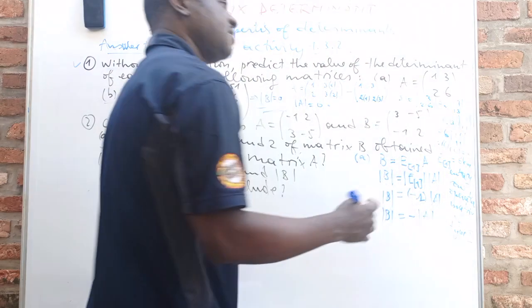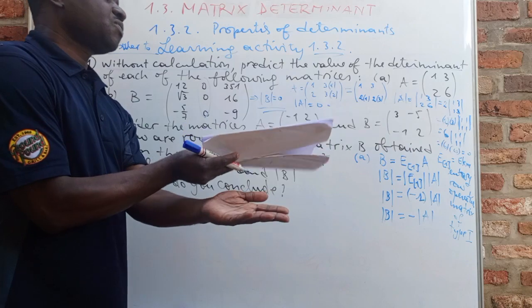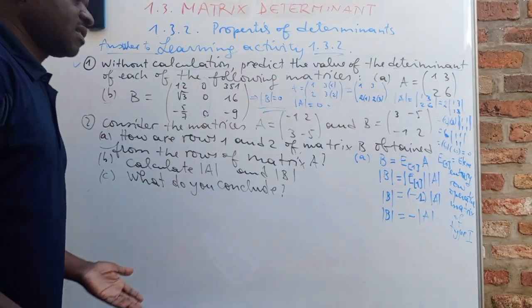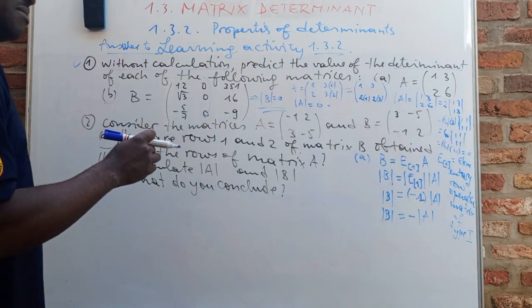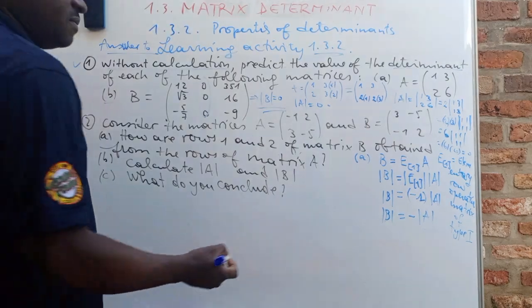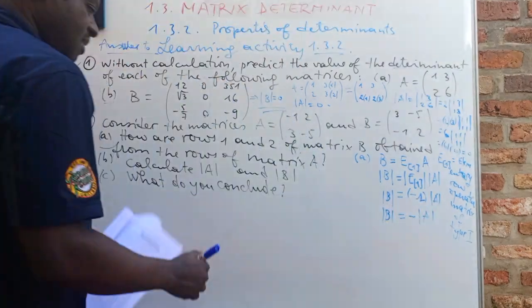Type 1 here means that you switch two rows. So the determinant of that elementary matrix must be -1, as we pointed out.